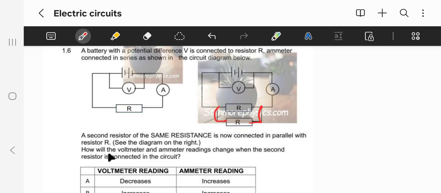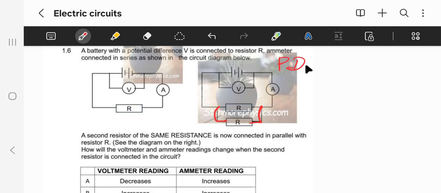Then they ask us, how will the voltmeter and ammeter readings change when the second resistor is connected in the circuit? Well, this is what we know, guys. Firstly, when we add the second resistor, our connection is now a parallel connection, and we know that in a parallel connection we are supposed to have the same voltage, or potential difference.